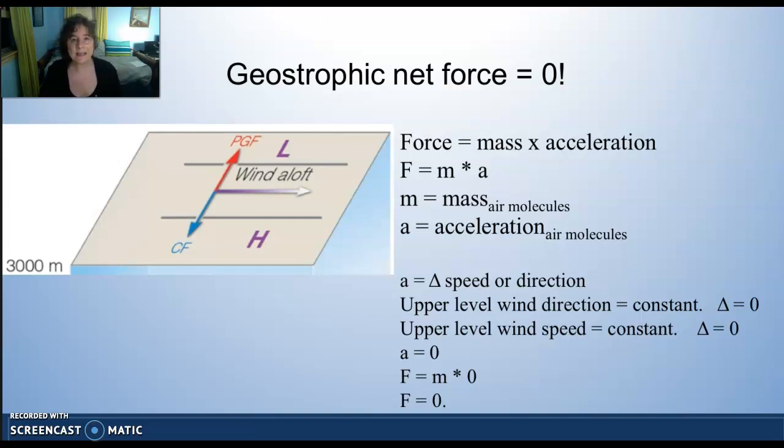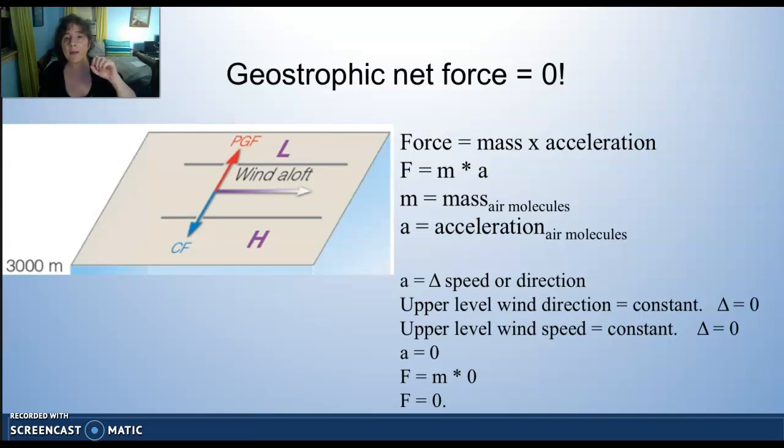Well, in this case, when we get to geostrophic net force and we get to a geostrophic wind, that's going to have a constant wind speed. It gets up to 250 miles an hour and stays 250 miles an hour. That's a constant wind speed. That means that the change in speed is 0 because it's constant.